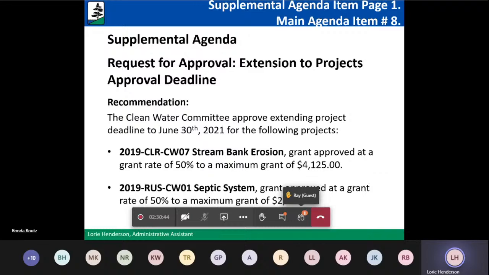So I would like to have an extension for 2019 RUS CW01 project deadline to June 30th, 2021, septic grant at a rate of 50% to a maximum grant of $2,000.